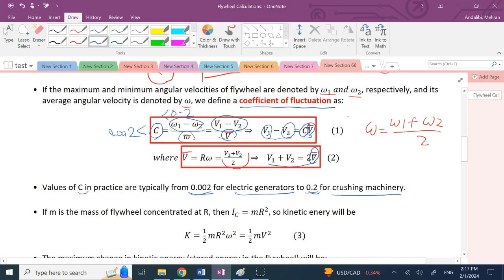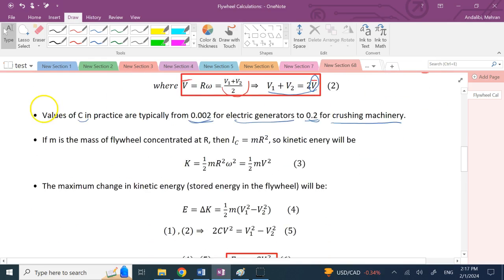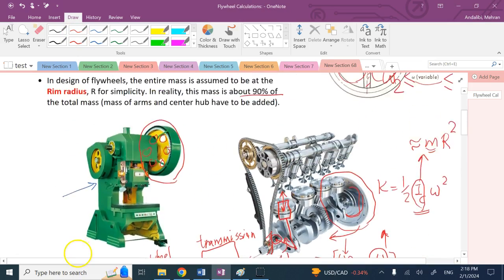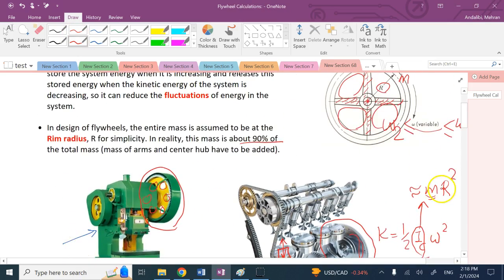Now, as I said, since we assume all the mass is concentrated around the rim radius, I can be approximated by m r squared. So the kinetic energy will be 1/2 m r squared. So this m r squared, let's go up, make sure. Yes.